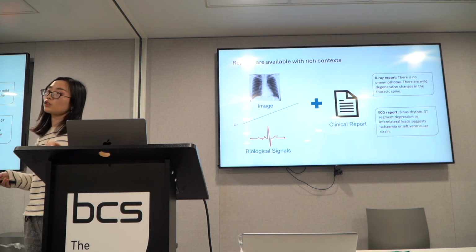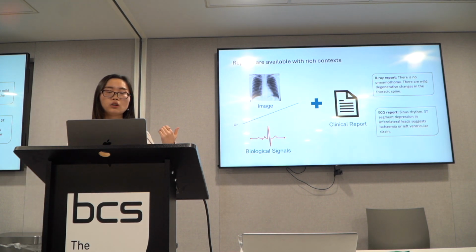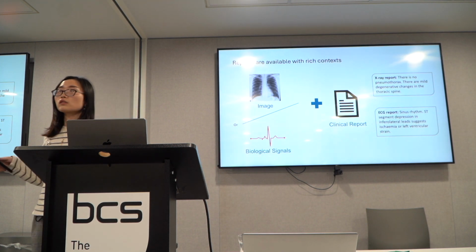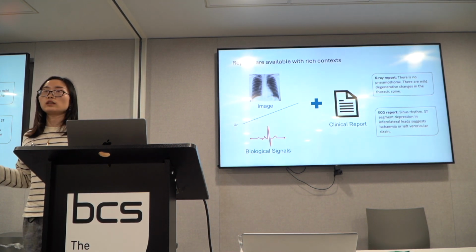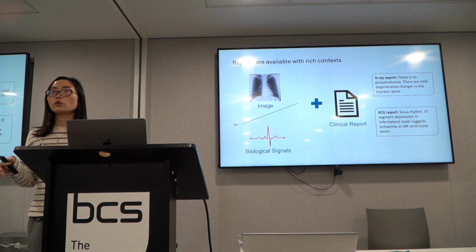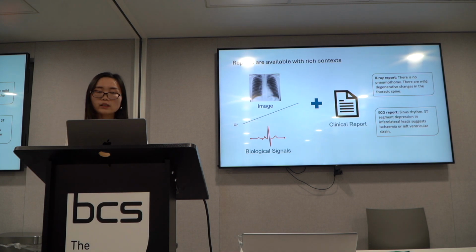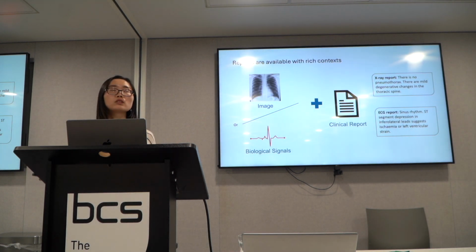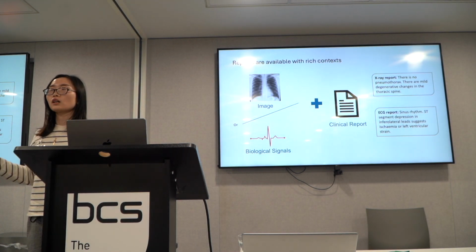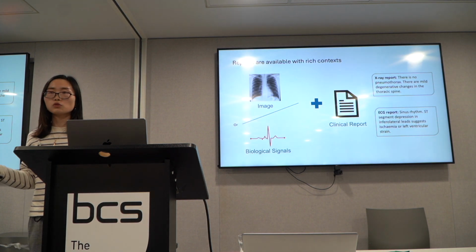For the ECG, you also get a report saying this is a normal rhythm, and then we found some abnormality. Those reports are widely available in existing data, and we do not require clinicians to do extra manual labeling. So we utilize these medical reports to first pre-train a general-purpose foundation model.